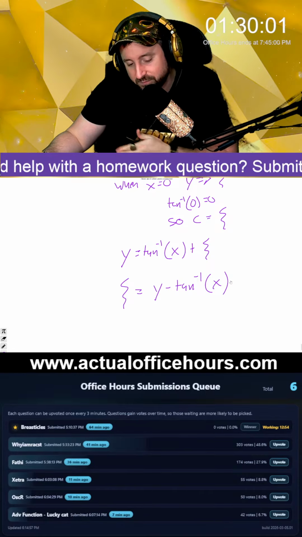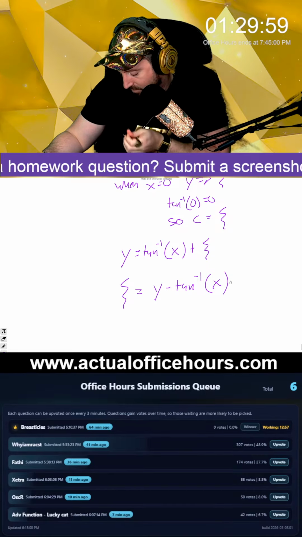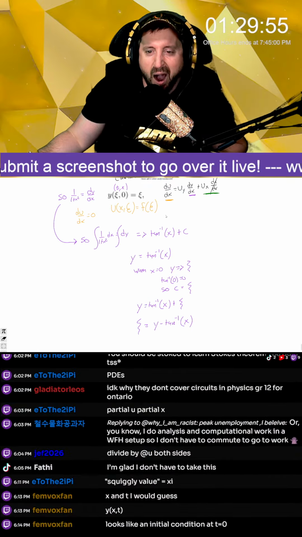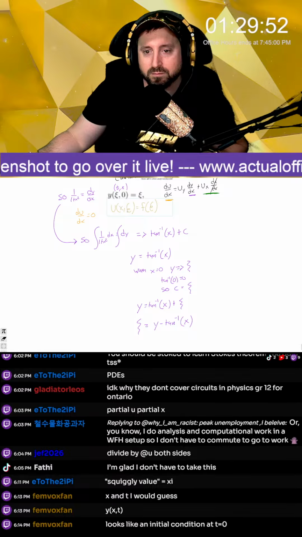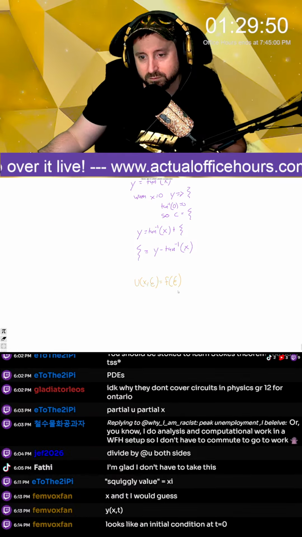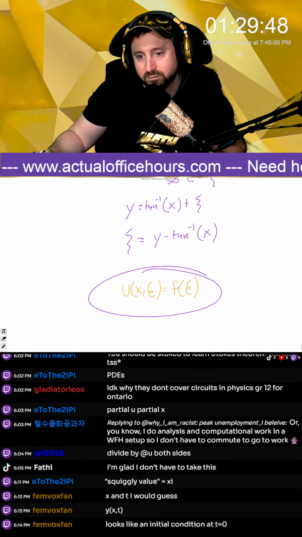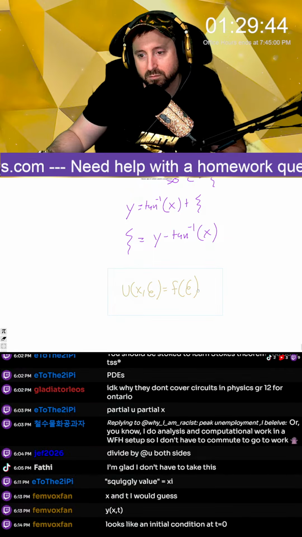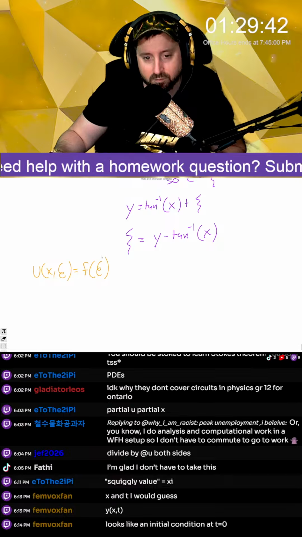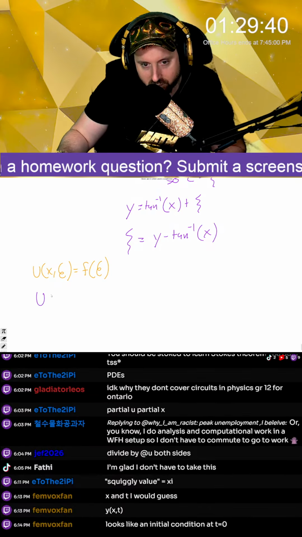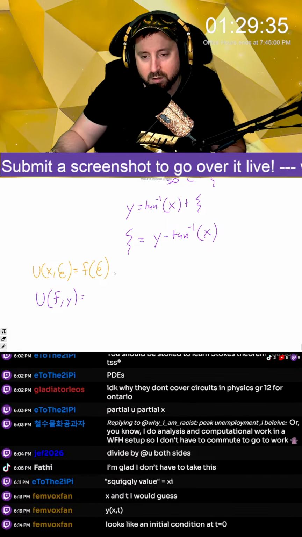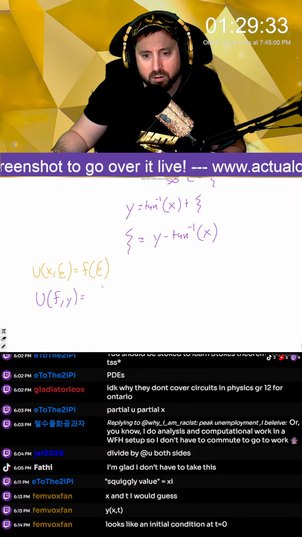And then because we said that our u of x comma squiggle is equal to f of squiggle, up top here we can then say that our u of x comma y is equal to f of y minus the arctangent of x.